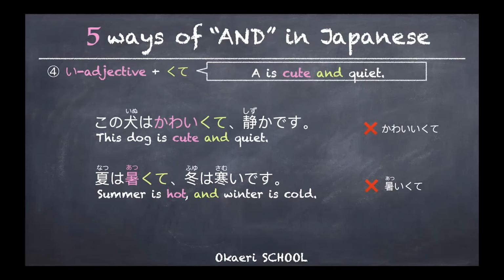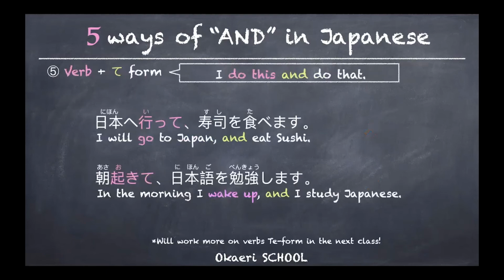So, 夏は暑くて冬は寒いです。So don't say 夏は暑いくて。夏は暑くて。The last one, number 5, verbs and te form.